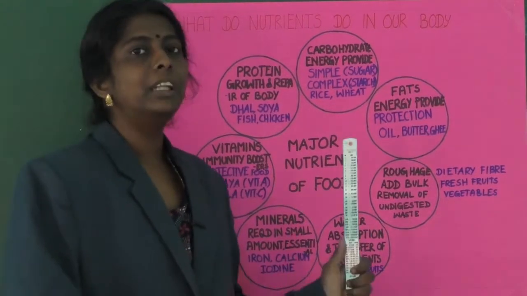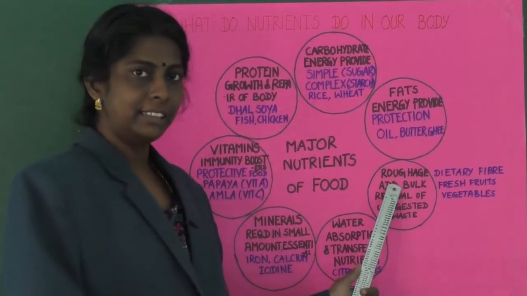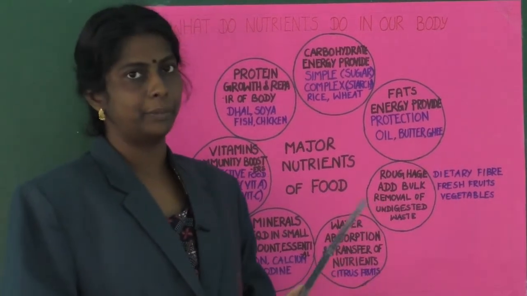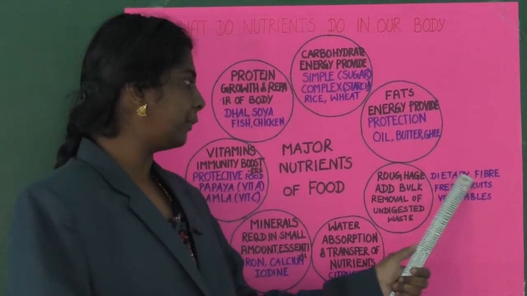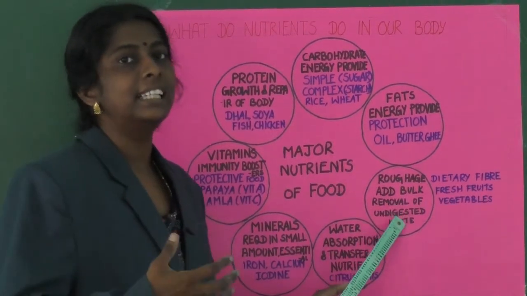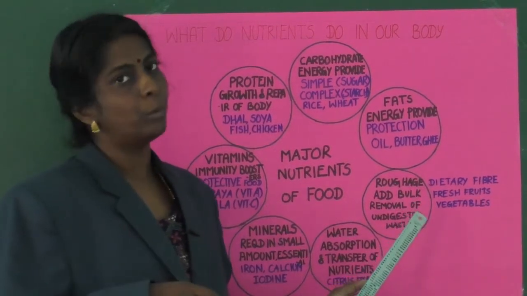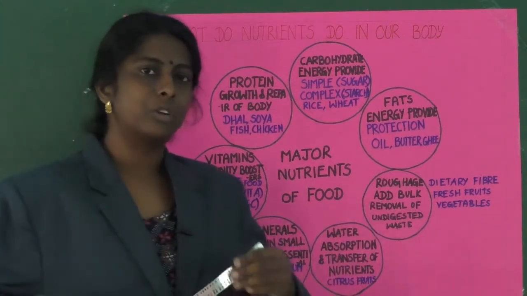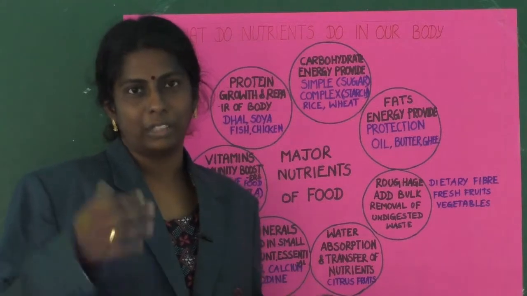So students, now about the last nutrient, roughage. It is also termed as dietary fiber. What it will do, it will add bulk to the undigested food material in your body. Usually scotch brite we use for cleaning vessels and all.